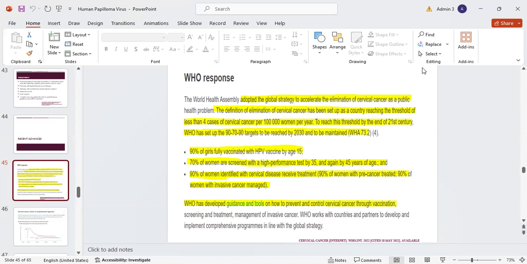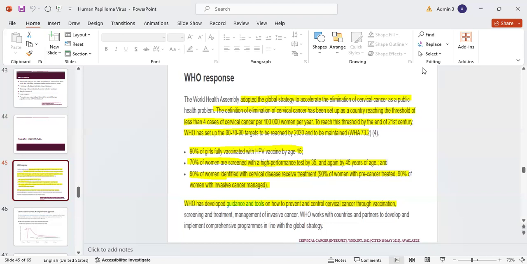Steps of this strategy include 90% of girls fully vaccinated with HPV vaccine by age 15. 70% of women screened with a high performance test by 35 and again by 45 years of age. And 90% of women identified with cervical disease receive treatment: 90% of women with pre-cancer treated, and 90% of women with invasive cancer managed.